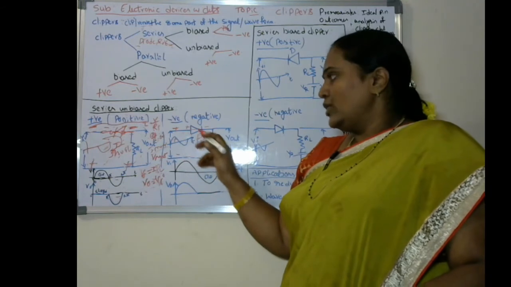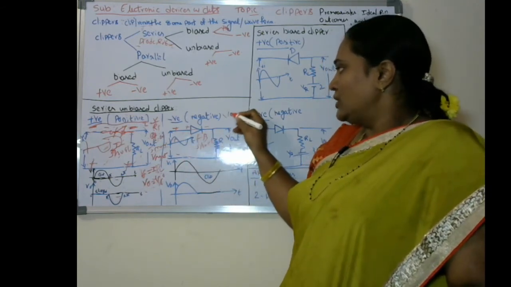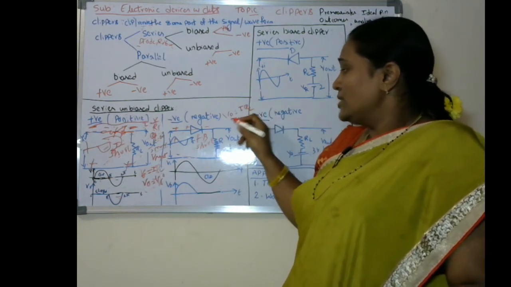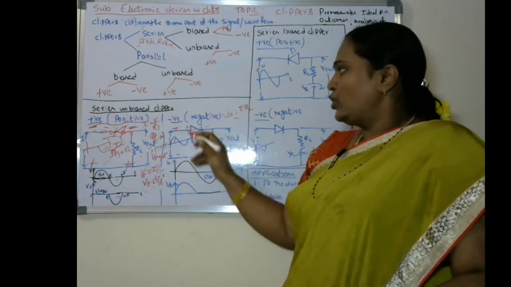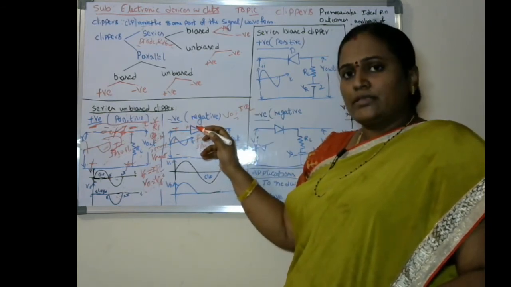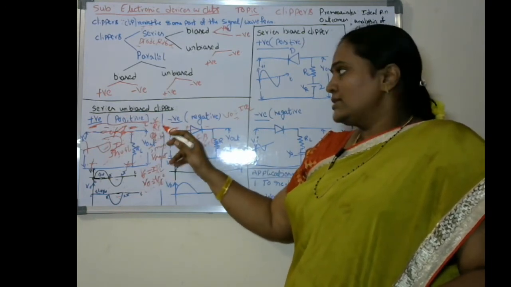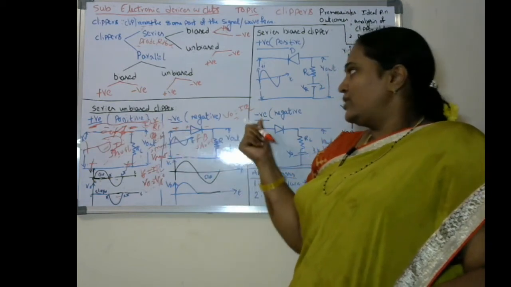Once the current flows through it, what happens? V naught is going to be I into RL. So how much V naught are we going to get? I goes to maximum. No drop is going to exist here in this case. No drop is there, nothing but resistance is 0. Once the resistance is 0, the current is maximum. The current goes to maximum, V goes to maximum.